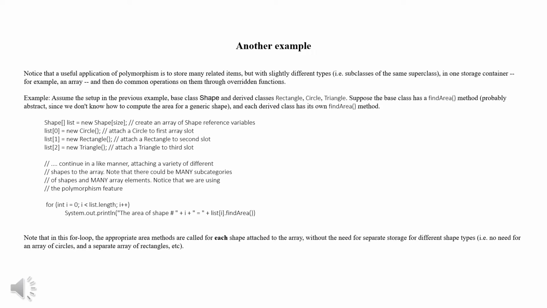You see how much simpler it is to run this simple method that is common among all of these subclasses by storing the objects of these subclasses inside one array, and then running that method. So that's a very good, very important application of polymorphism.